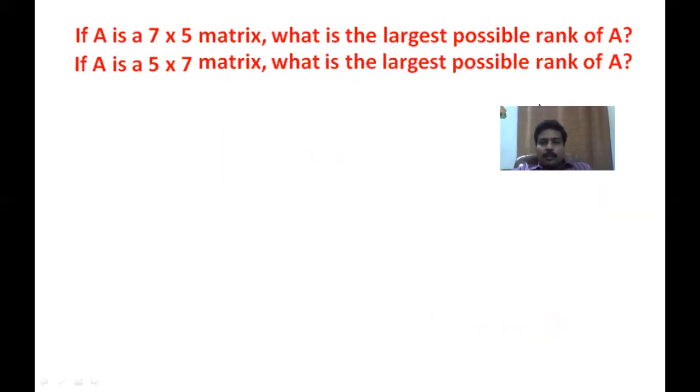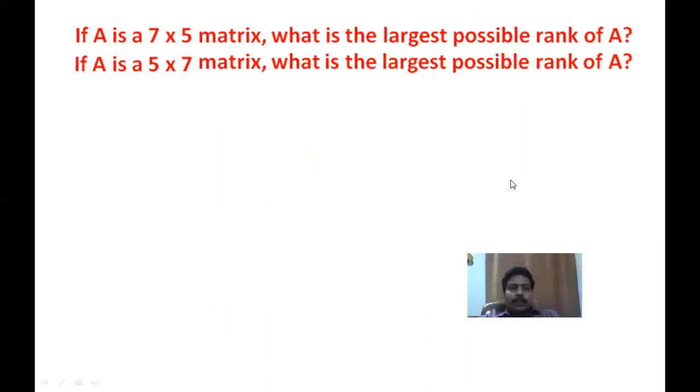And this is one more problem. If A is a 7 by 5 matrix, what is the largest possible rank of A? That is one question. And the next one is, if A is a 5 by 7 matrix, what is the largest possible rank?